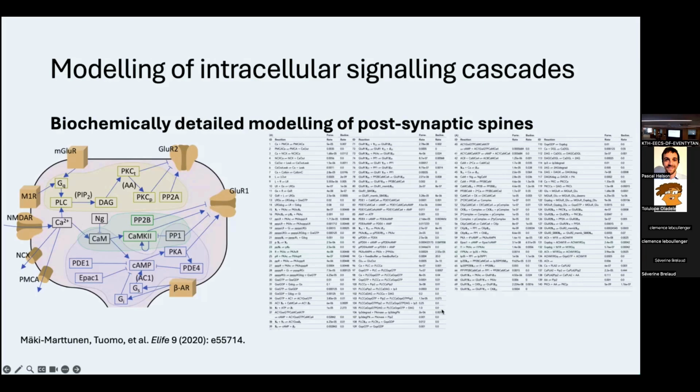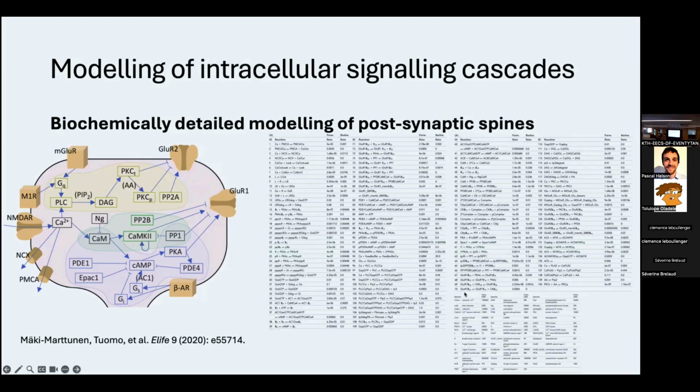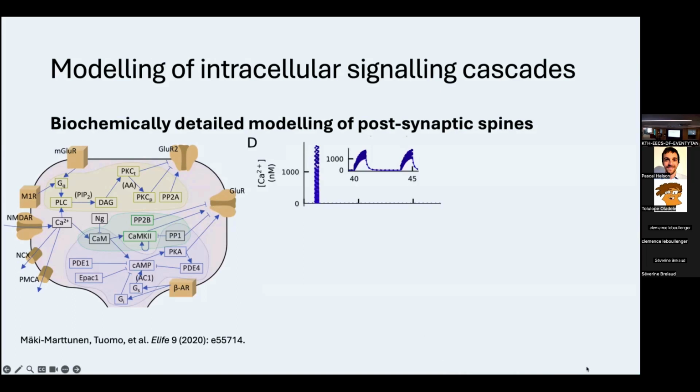Just to give an idea of the model, so there are like 70 different reactions and 20 different non-zero initial conditions. And as I mentioned, it was calcium that is needed in almost all these pathways, or all these 3 pathways to be activated.